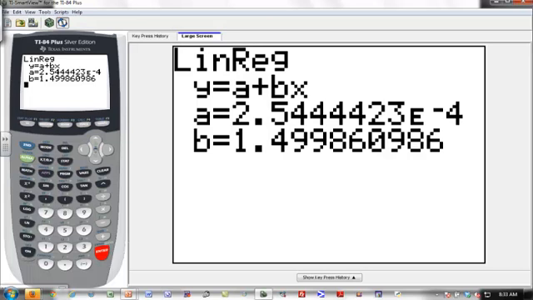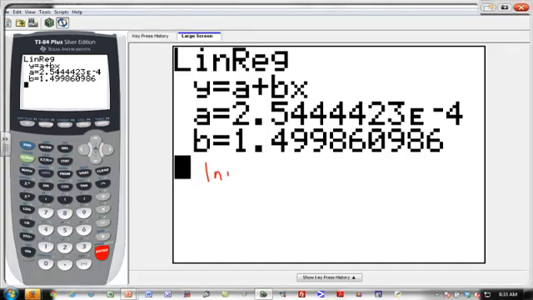What we have is an equation that says that the natural log of y is equal to the natural log of a, which is 2.544 times 10 to the negative fourth, plus 1.49 times the natural log of x.